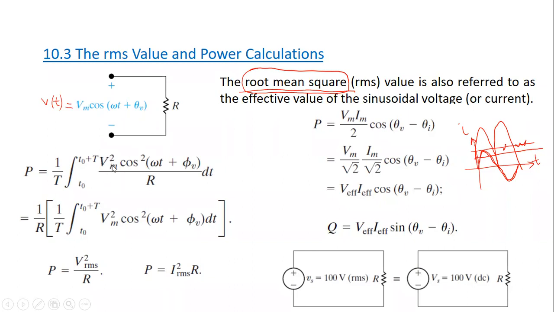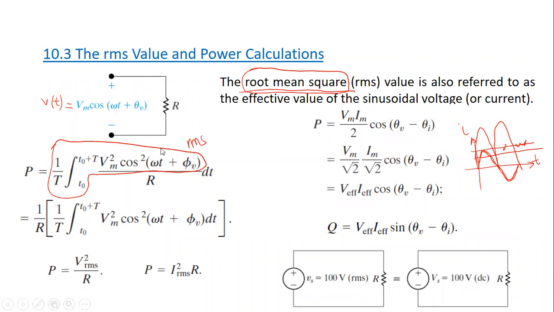So this will be V maximum square cosine square omega t plus theta v. Theta or phi, it's fine. It's just a symbol. And this is the average, and I want to integrate it over one period and divide it by this period. So this will be the RMS value of the voltage.